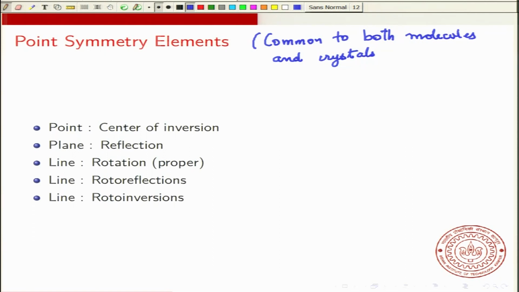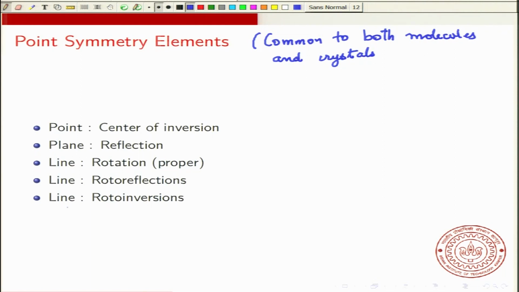So, a point can be a center of inversion, and this process of inversion about the point is a symmetry operation. You can have a plane, and the symmetry operation can be reflection about this plane. You can have a line which is a symmetry element, and the symmetry operation can be a simple rotation or a proper rotation.